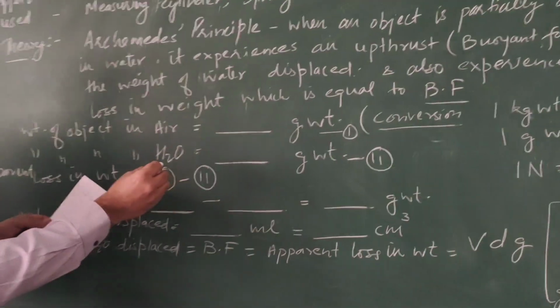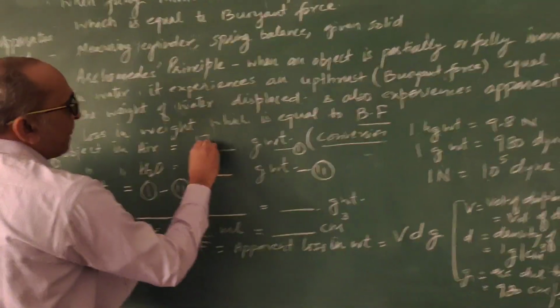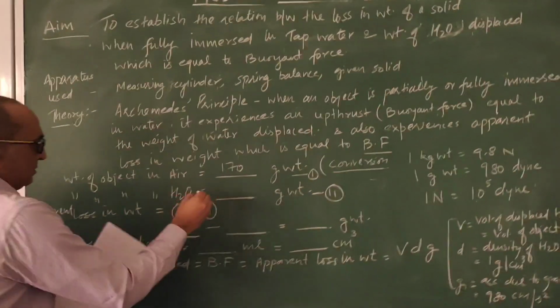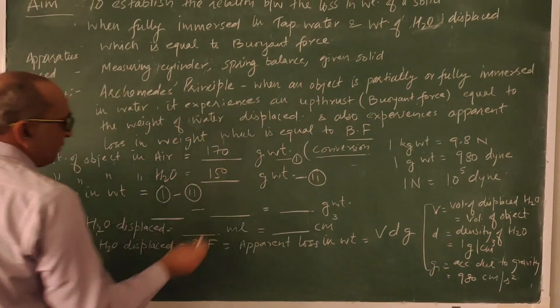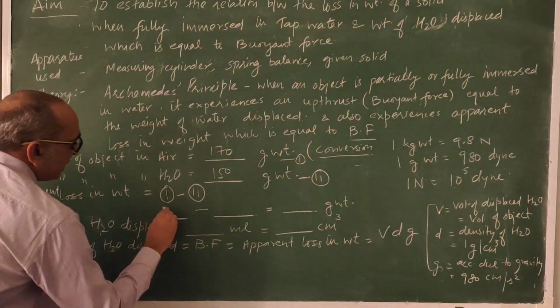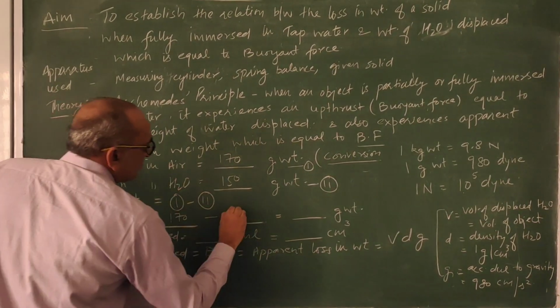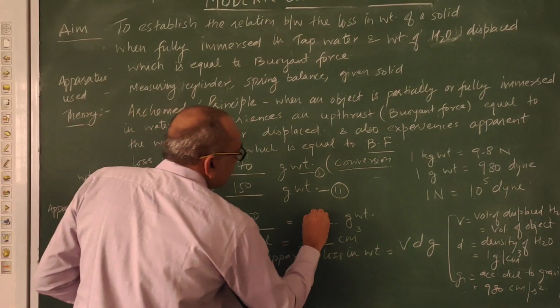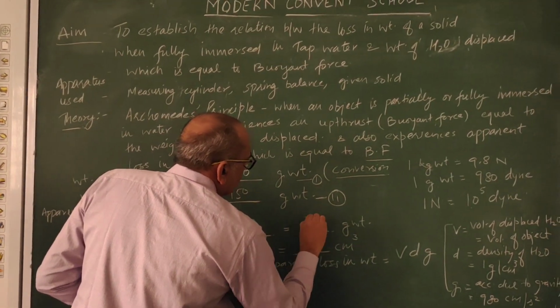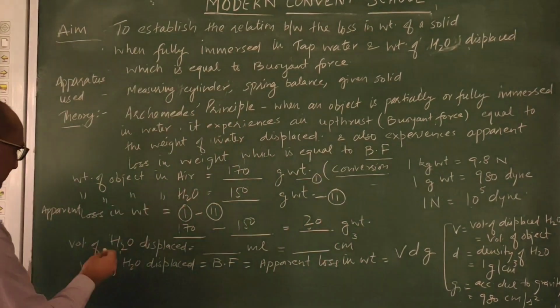Weight of object in air 170, in water 150, loss in weight 1 minus 2. This is 20.